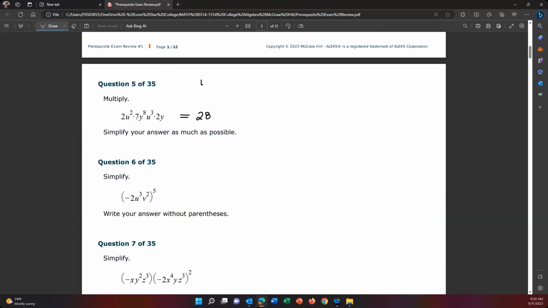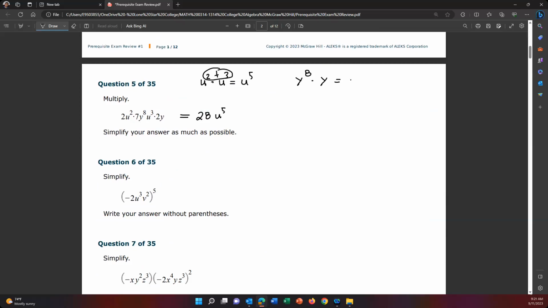So here's a u square times another u cube. We keep the same letter, so in this case the letter u, and we add the exponents. So we had 2, and then we put it together with 3. We get a total of 5. So u to the 5th power. The y's, we have a y to the 8th times a y.